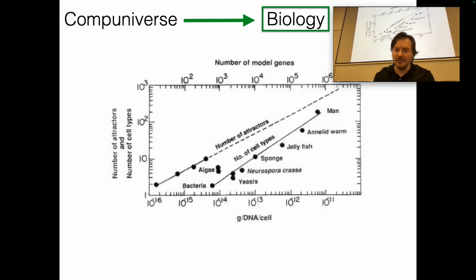Well, he does that. Everything in log is sitting on a line, and this is nice. Do you see? There's a man here, there's a jellyfish, bacteria, and the number of genes and number of cell types are following similar patterns.